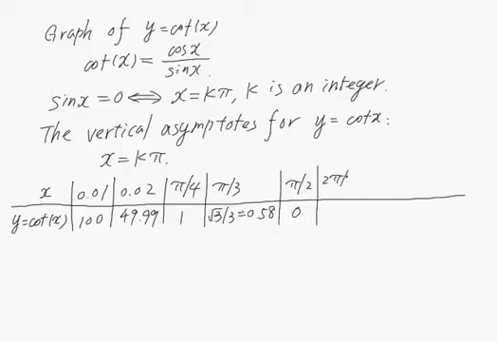Then for 2 pi over 3, this is equal to negative root 3 over 3. For 3 pi over 4, cotangent is equal to negative 1. And at 3.14, cotangent is equal to negative 627.9. Kind of big in value, right?